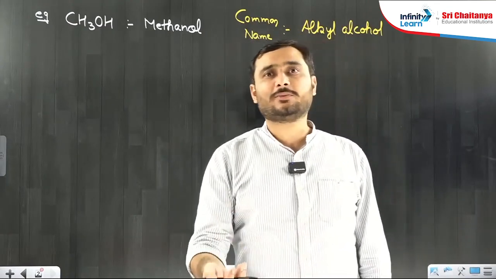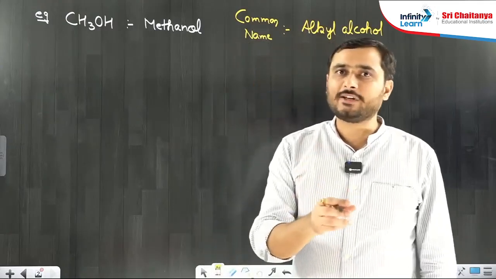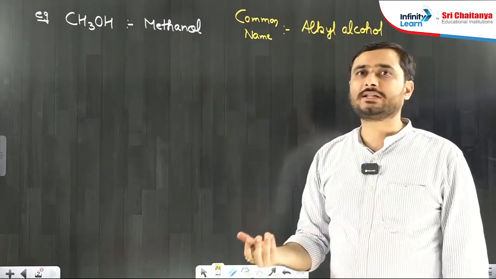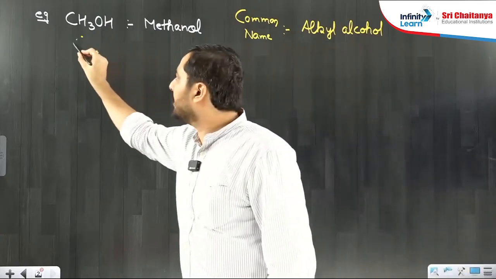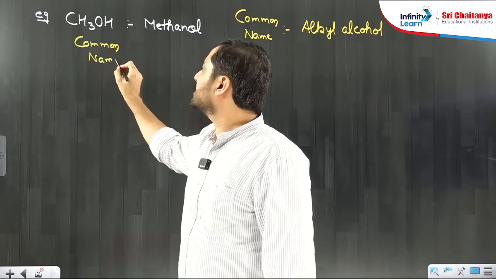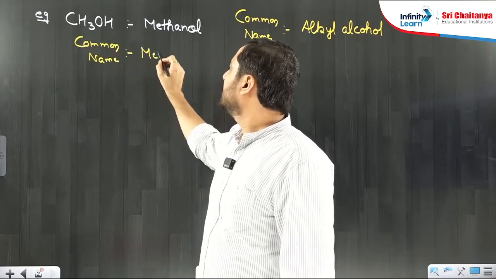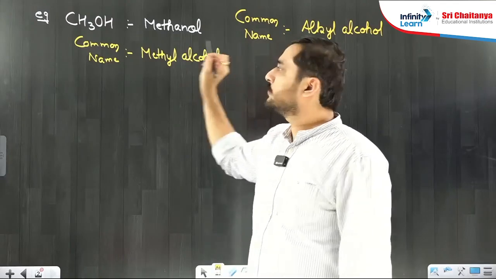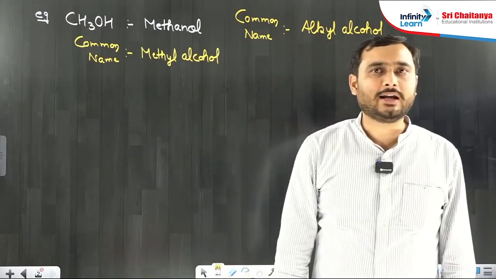If it is C2H5, it is ethyl. So first we write the name of the R group, and OH is alcohol. So for CH3OH, CH3 is methyl and for OH we write alcohol. So the name for this compound is methyl alcohol.